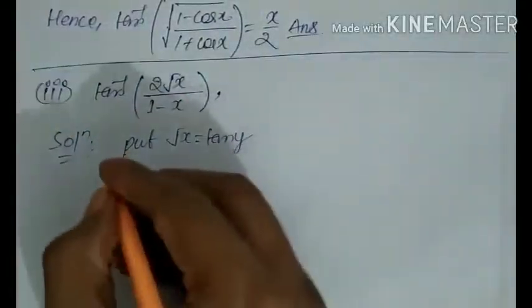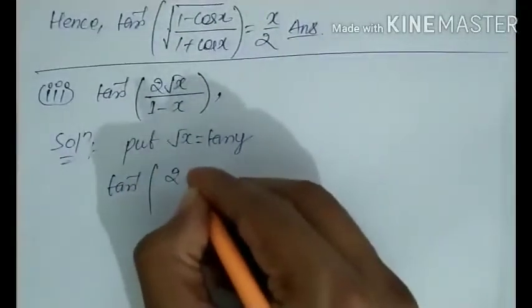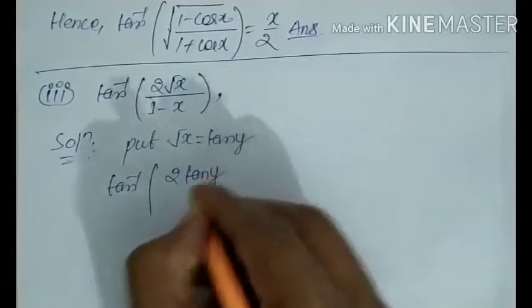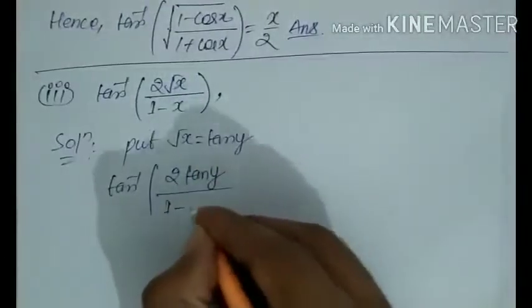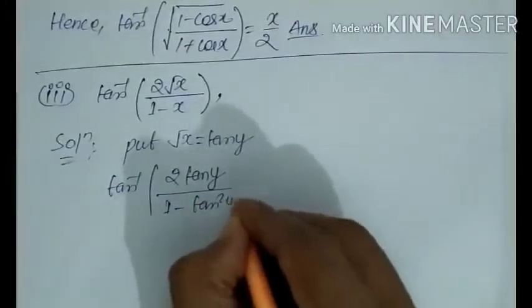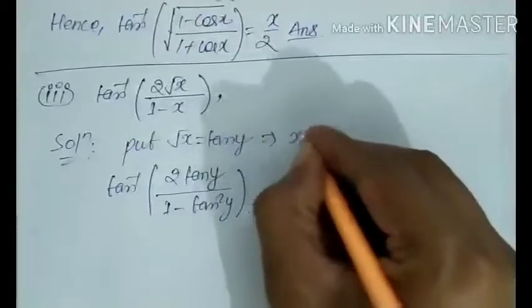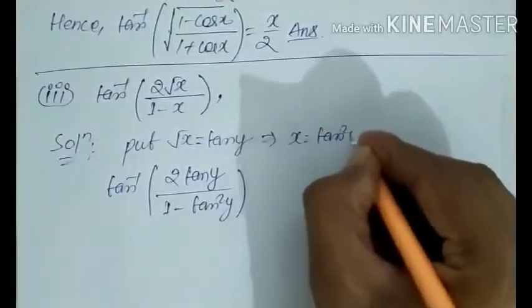Then our question will be converted into the form 2 tan y upon 1 minus tan square y. Squaring both sides, we get x equals tan square y.